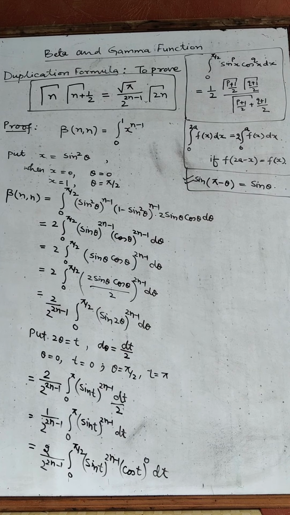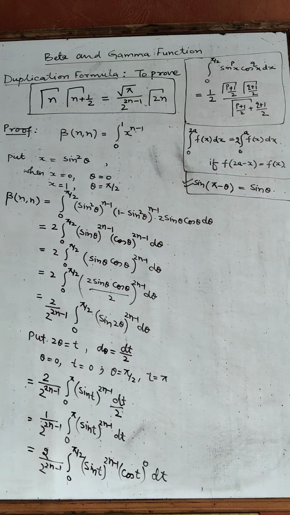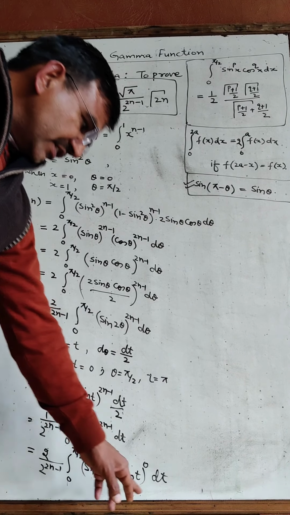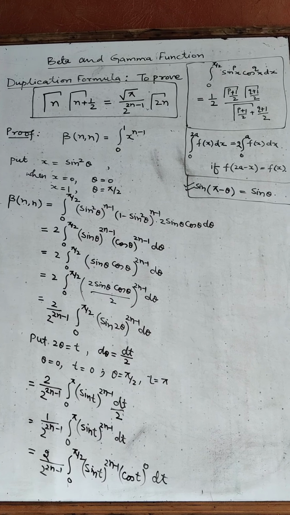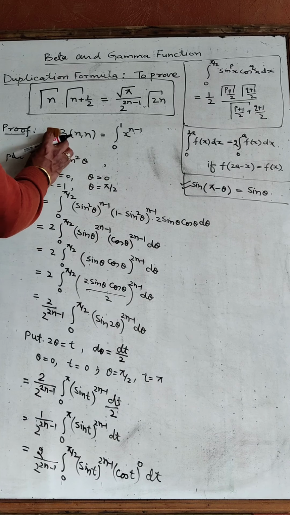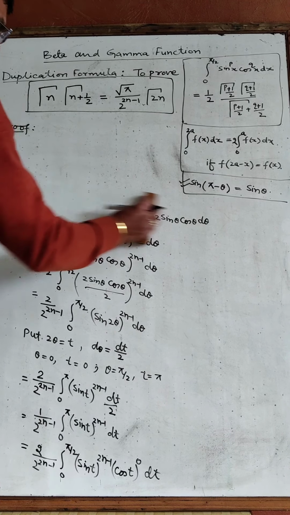So now we can use our result of the gamma function to write this integral in the form of gamma functions. I am just erasing here for your convenience.